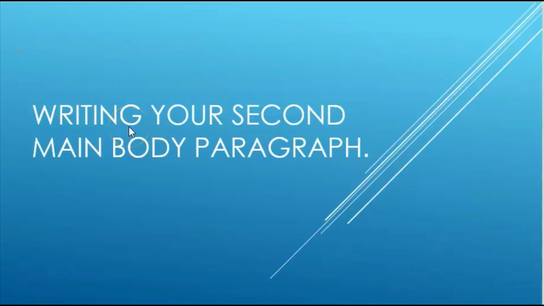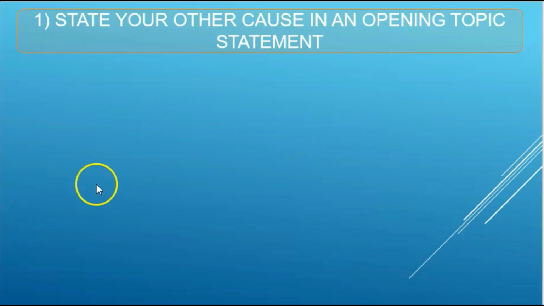Then you basically repeat this for your second main body paragraph. So go through those steps again. First, state your other cause in an opening topic statement. This is at the beginning of your third paragraph now.